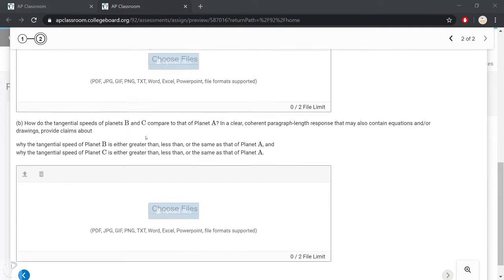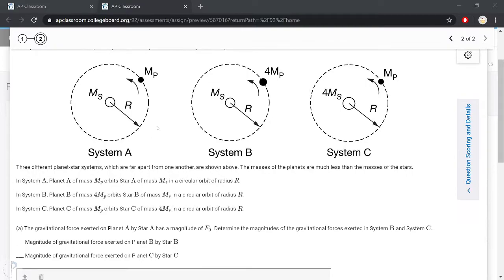With B, the mass of the planet is 4m, so the 4 is on the right side here. And the 4's cancel. And it gives you the same thing.